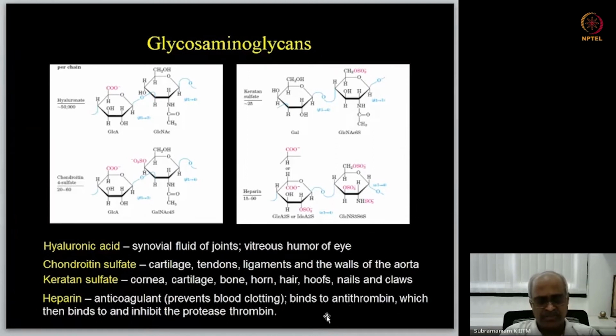The extracellular matrix is the cementing material among the multiple cells. Okay, what is there in the space among the cells? When you have a tissue with multiple cells, what is there between two cells? And that part is what you call extracellular matrix.